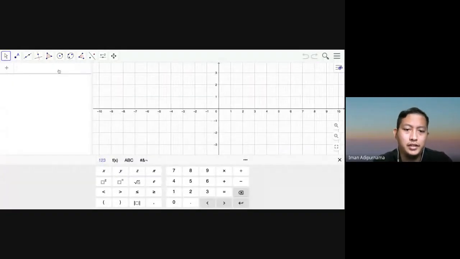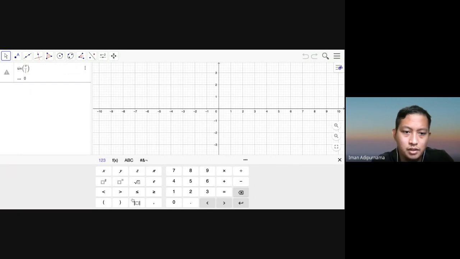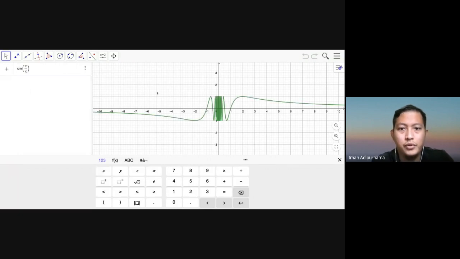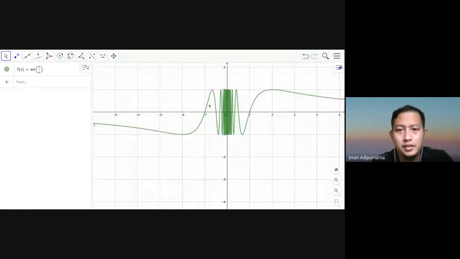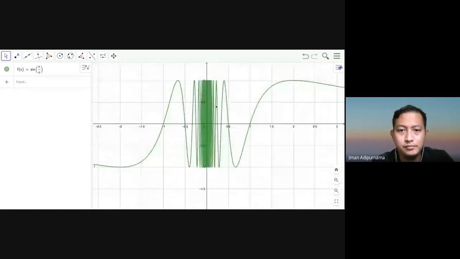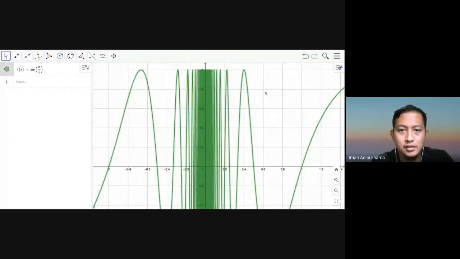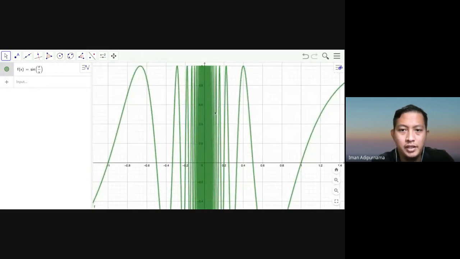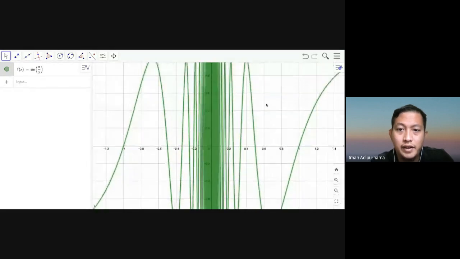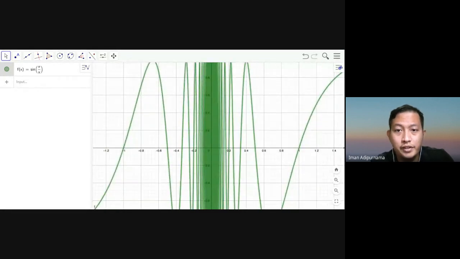Now I will have sine pi over x. Now we have this kind of graph. If you look at this, when it's going into 0 from the right and from the left, you will see that the curve increases and decreases all the time, right?